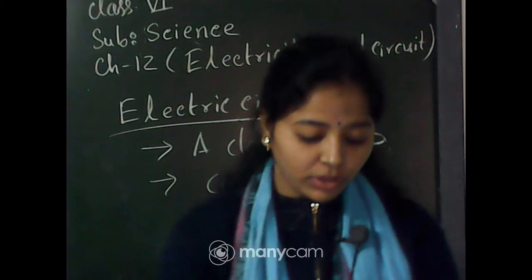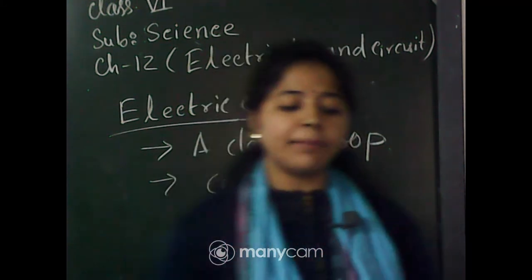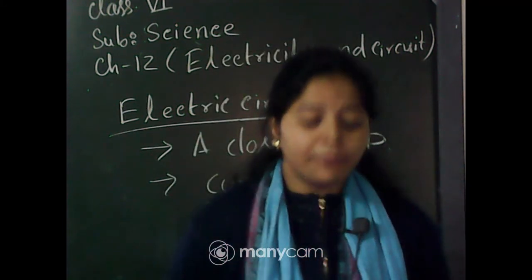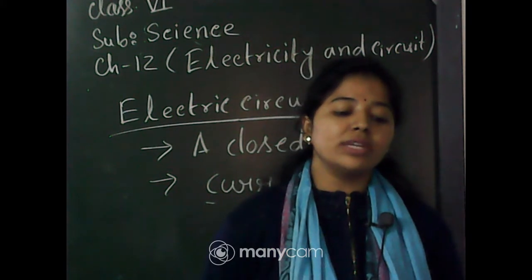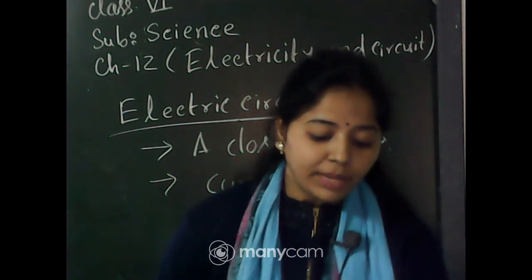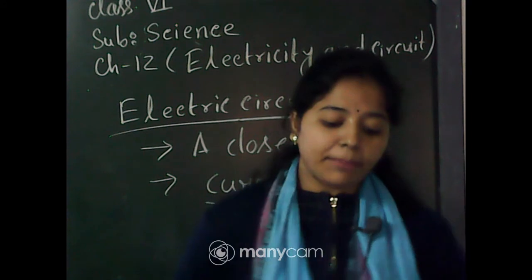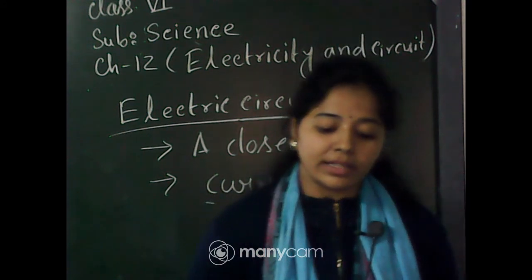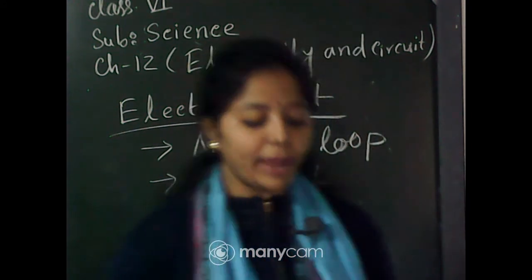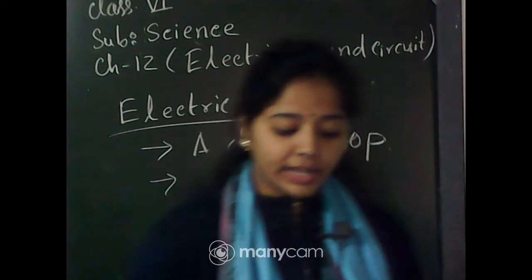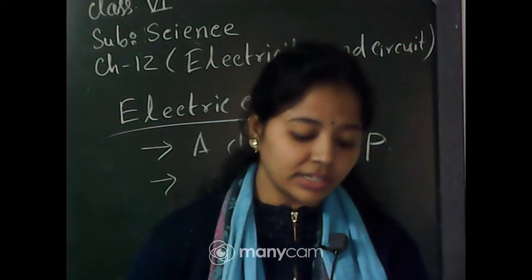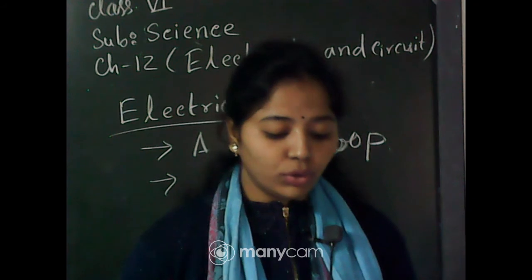Very good. Now when there is a break in the path, means when the switch is open, then the circuit is also open but not conducting, so the current doesn't flow.